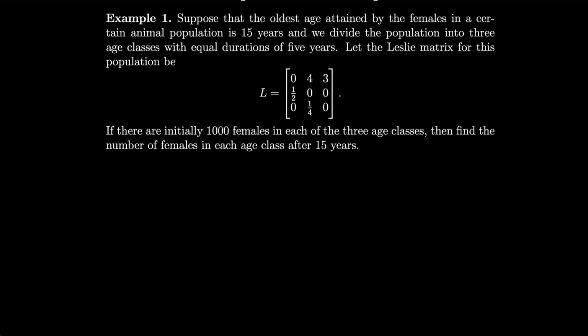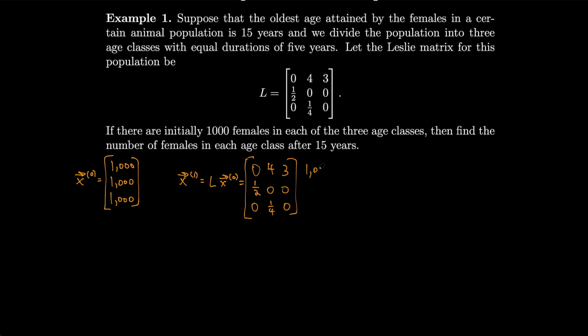So we'll start with x0, and we're starting with 1,000 in each class, so that'll be 1,000, 1,000, 1,000. And we'll get x1 by multiplying it by the Leslie matrix L. So that'll be L times x0, so L was given by 0, 4, 3, half, 0, 0, 0, 1/4, 0.